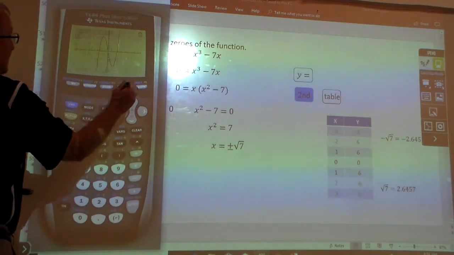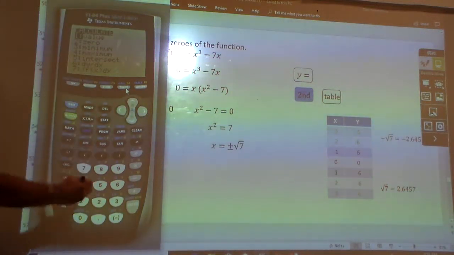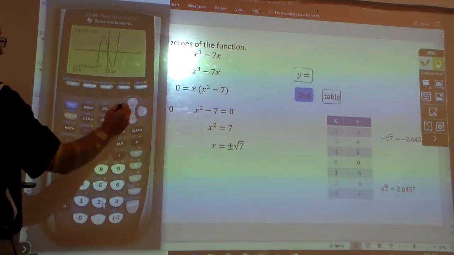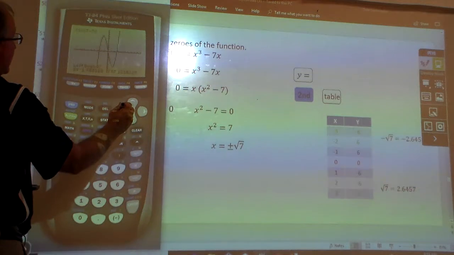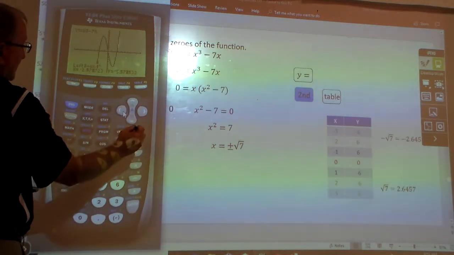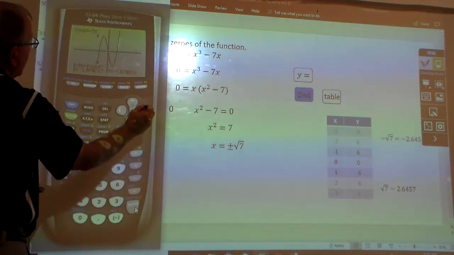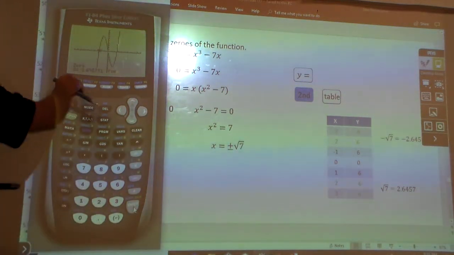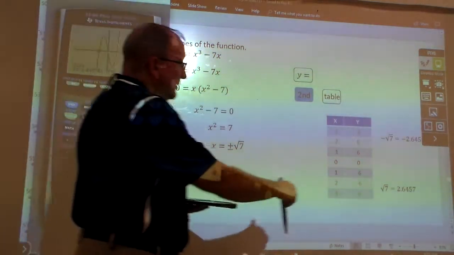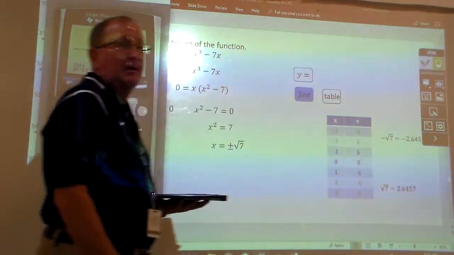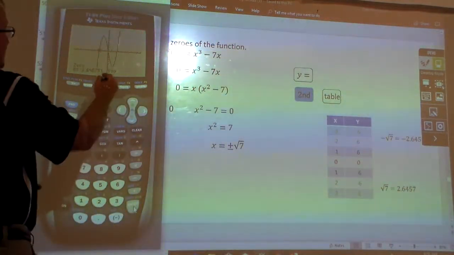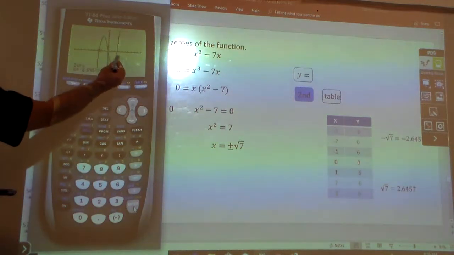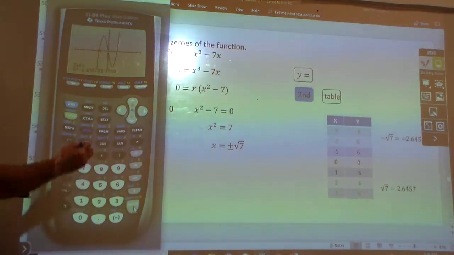Second, calculate, and I want to find a 0. That's option 2. And I'm going to arrow to where I'm left of it, lock it, and now I'm going to do it right of it. And notice, what do you see? -2.6457. Isn't that exactly what I had right there, right? And you could do the same thing over here, only this time instead of negative, it would be positive.